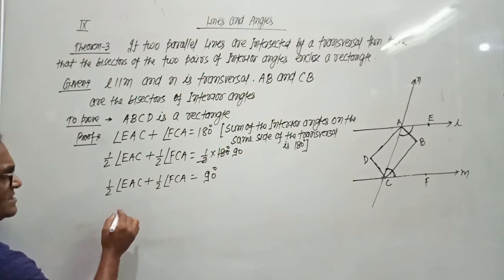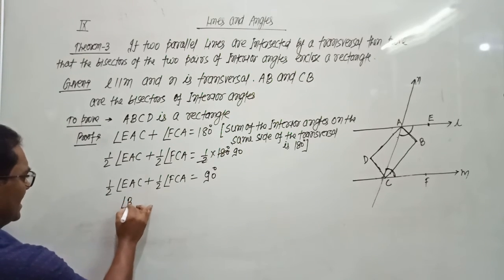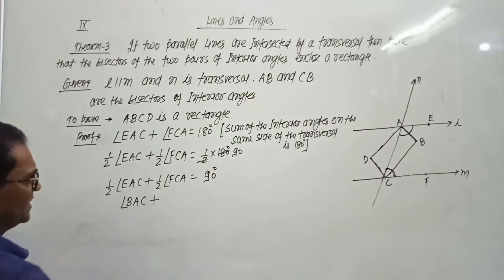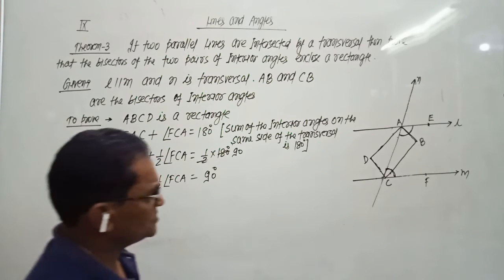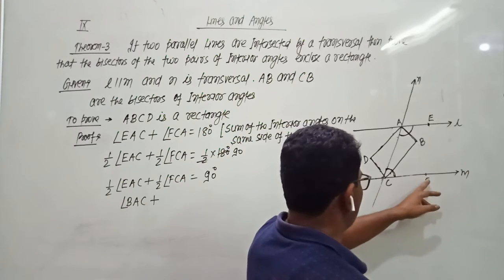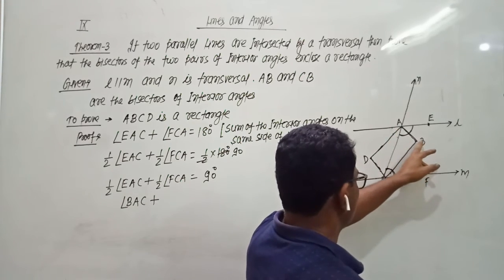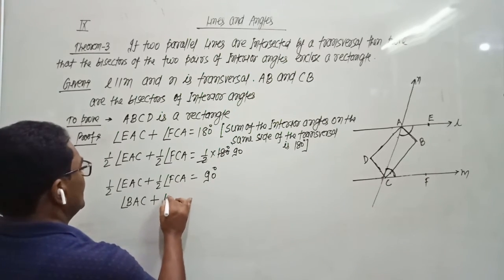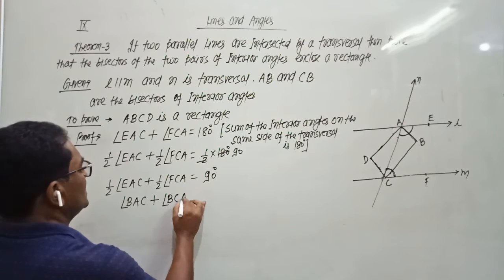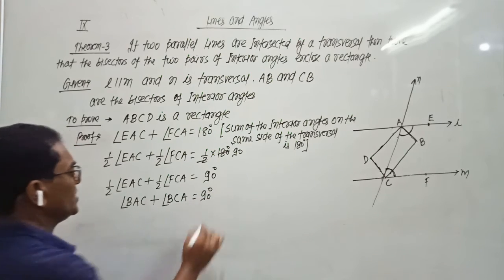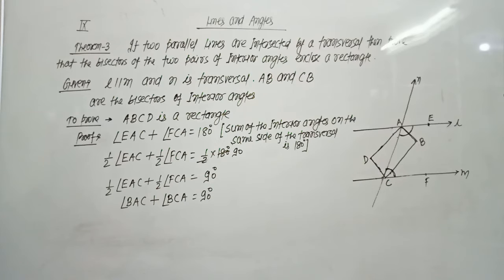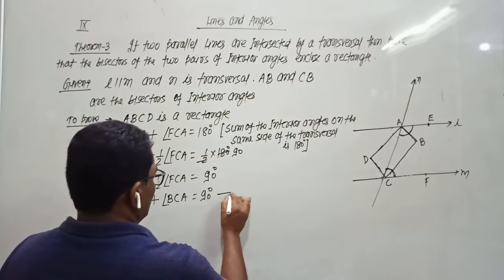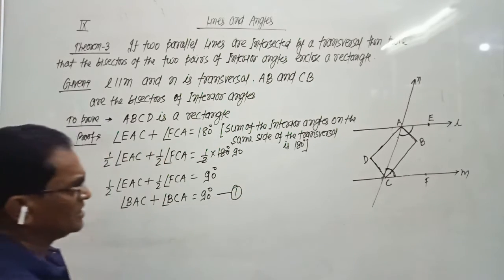Half angle EAC is written as angle BAC, and half angle FCA is written as angle BCA. So angle BAC plus angle BCA comes to be 90 degrees. Name it equation 1.